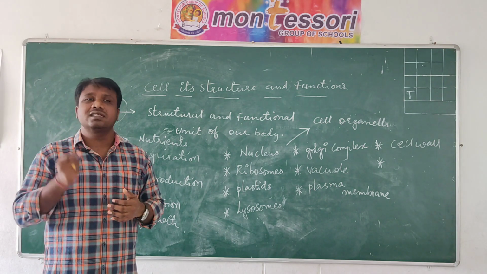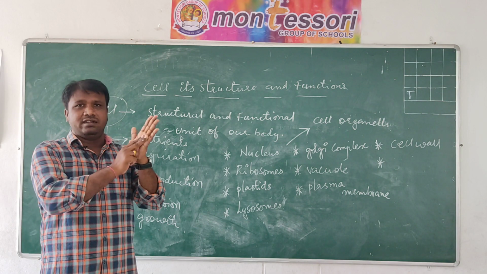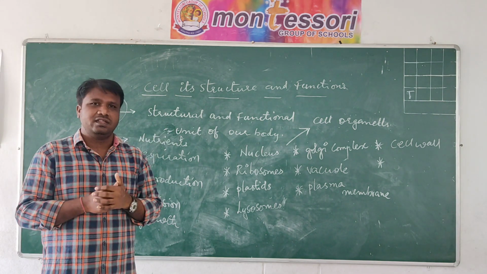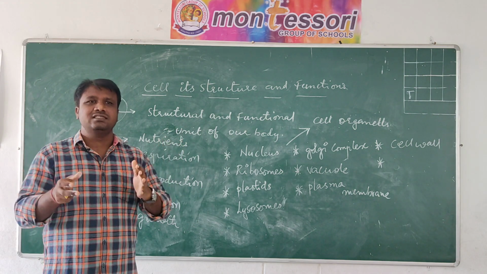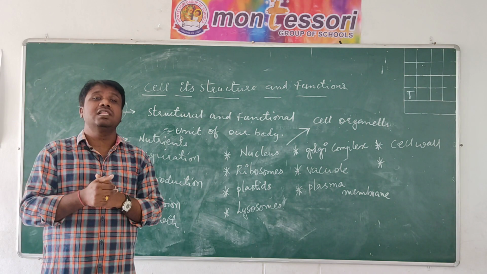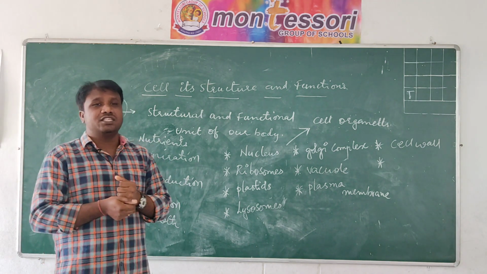Those small particles are nothing but called as a cell. If you take our hand, in this hand itself innumerable cells will be there. So, what do you call the group of cells as? In the next chapters we will learn that. A group of cells is nothing but called as tissues.